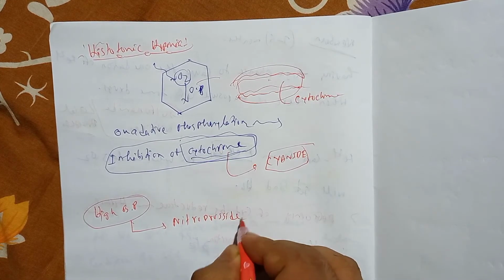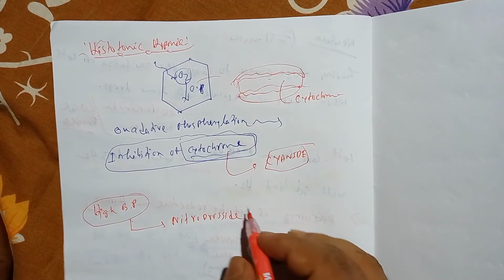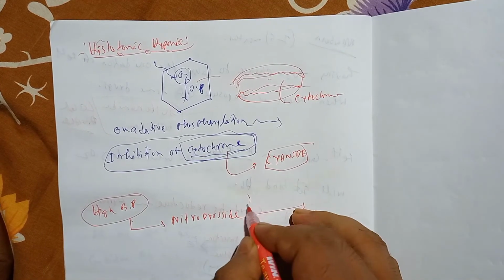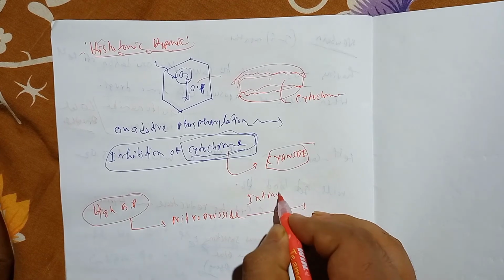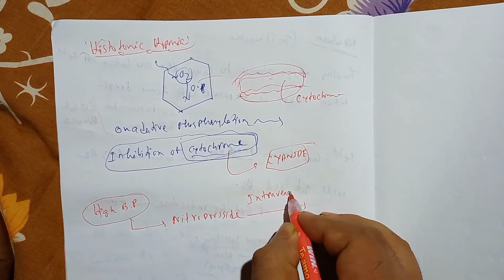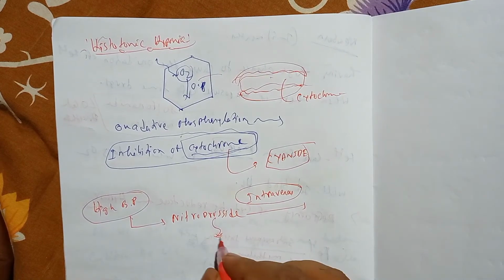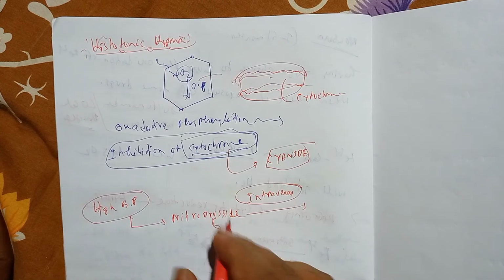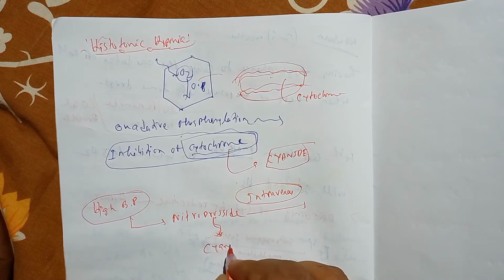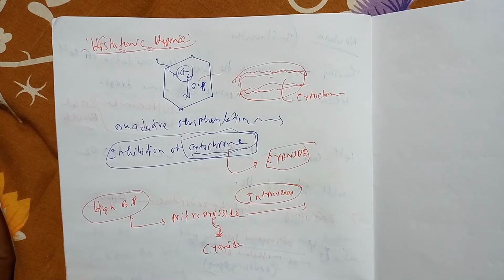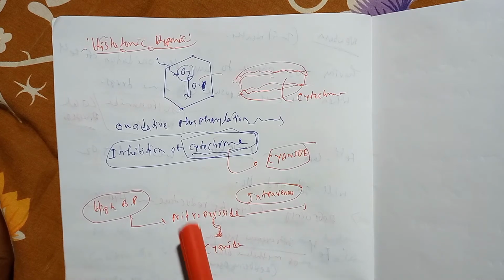We give nitroprusside intravenously in the emergency, right, guys? And the metabolite of the nitroprusside is cyanide here, okay, guys?